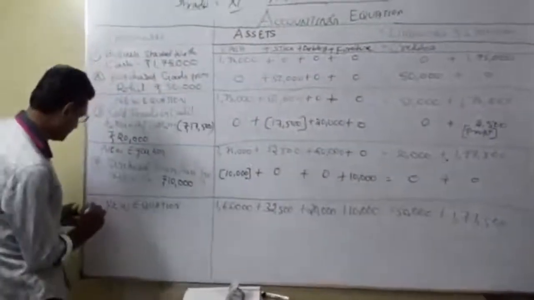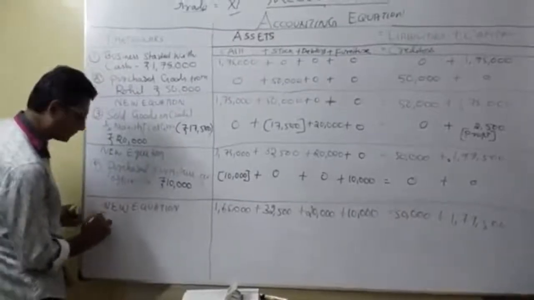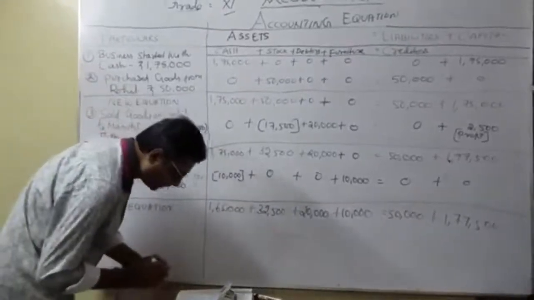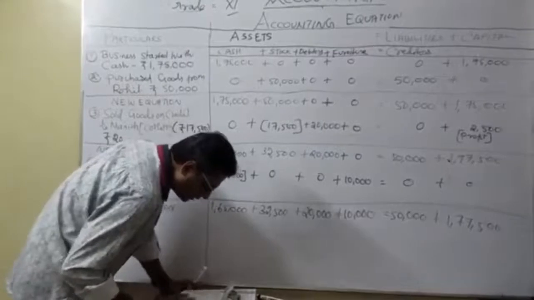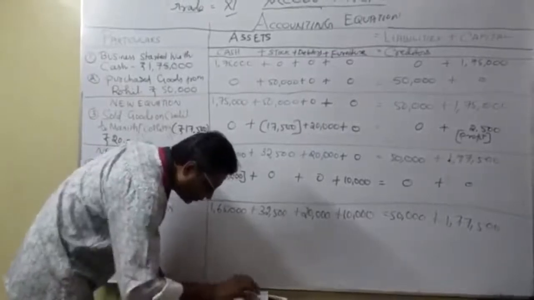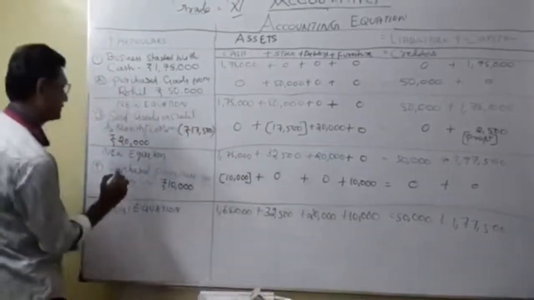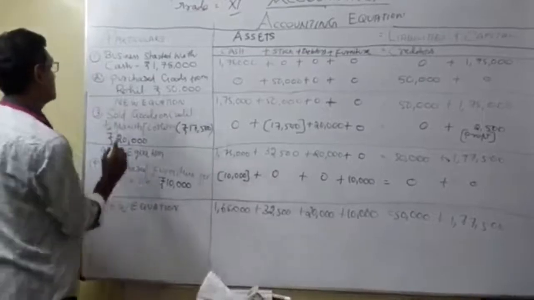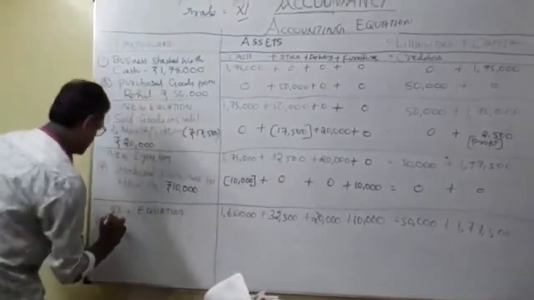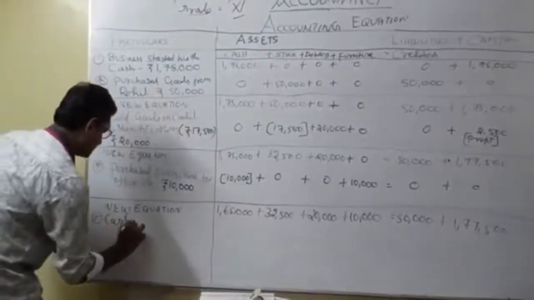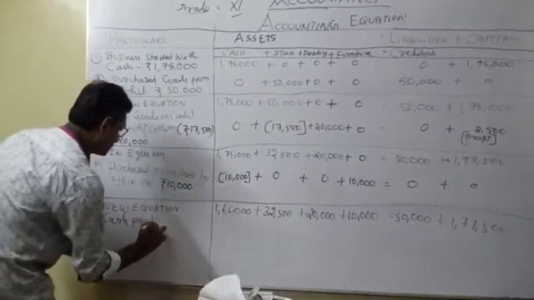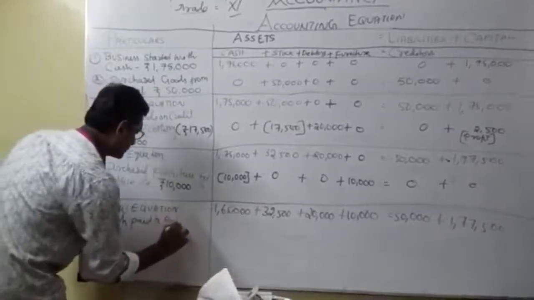Now go for the fifth transaction. Correct? So what is the fifth one? It's a very important one. So the fifth is what? Cash paid to Rohit. See, cash paid to whom? Rohit. Cash paid to Rohit.